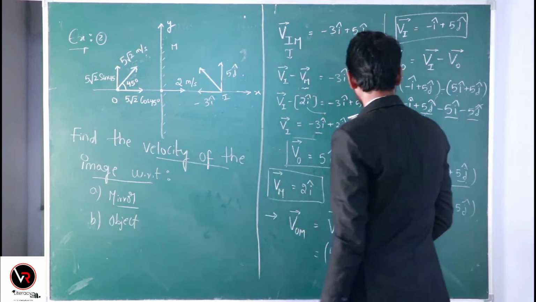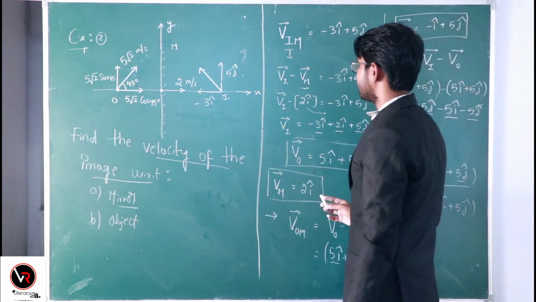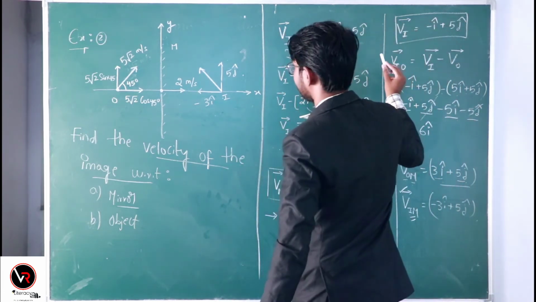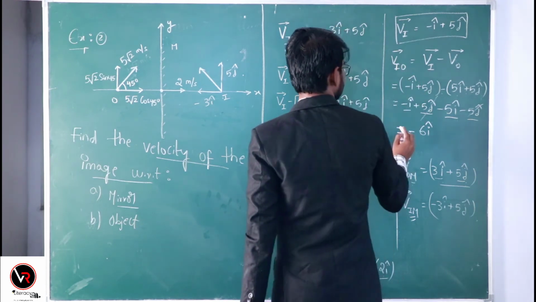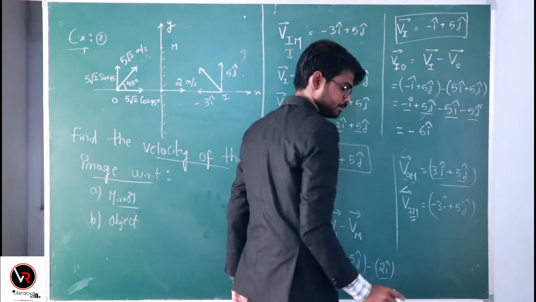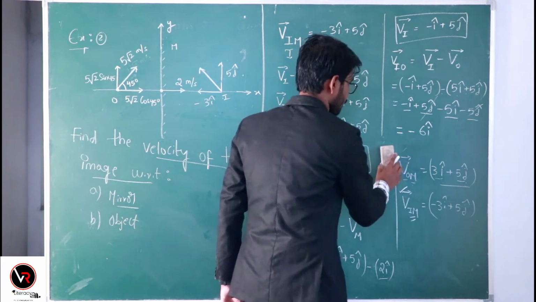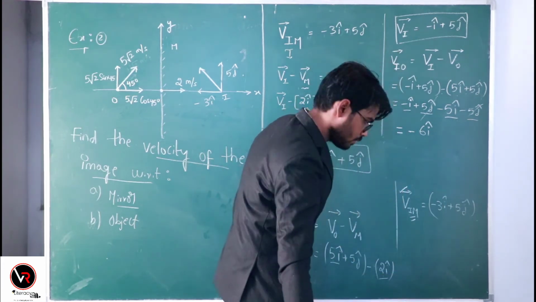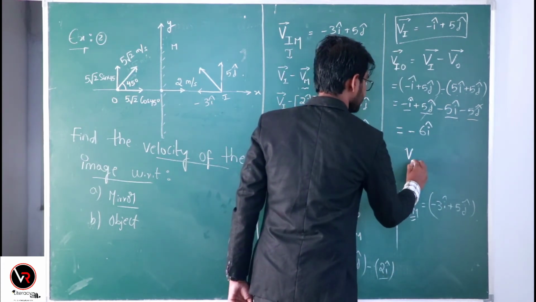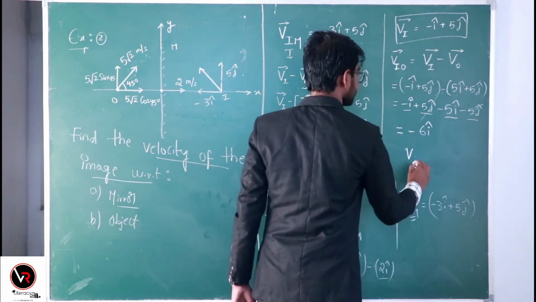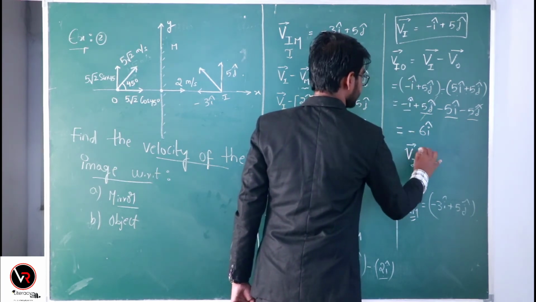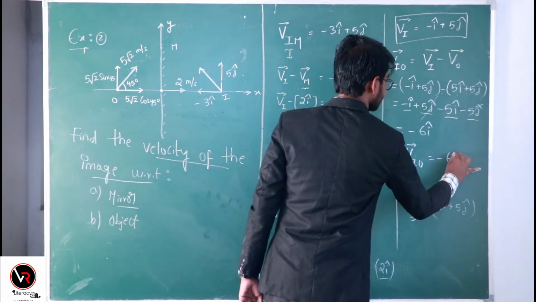So therefore the velocity of the image with respect to object is equal to minus 6 i cap.